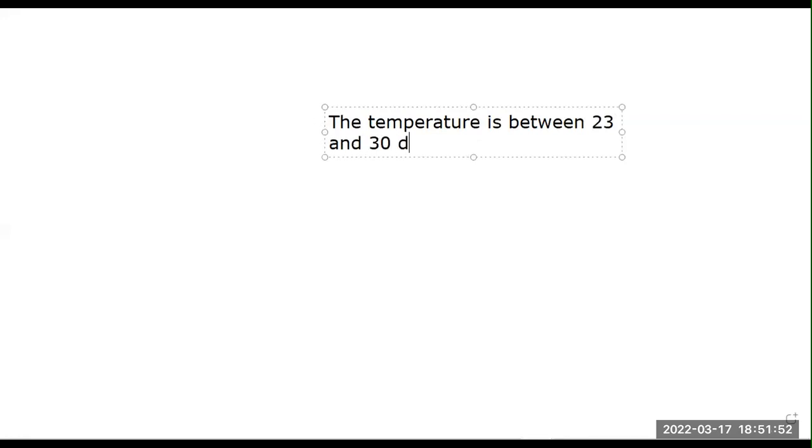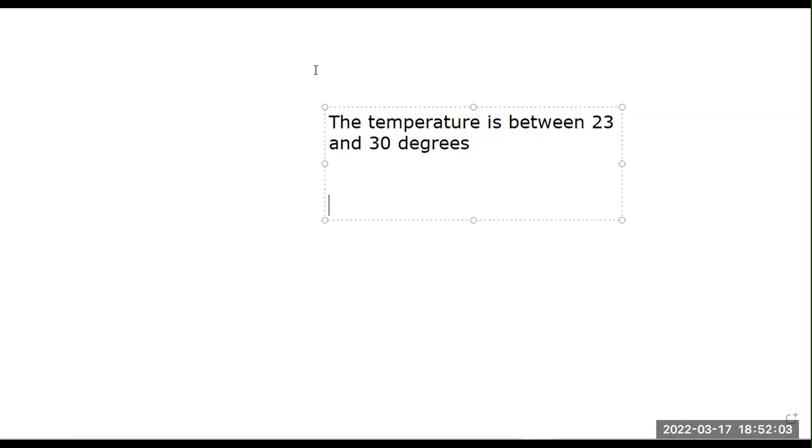So let's do an example. The temperature is between 23 and 30 degrees. Right, so write an inequality to represent that.